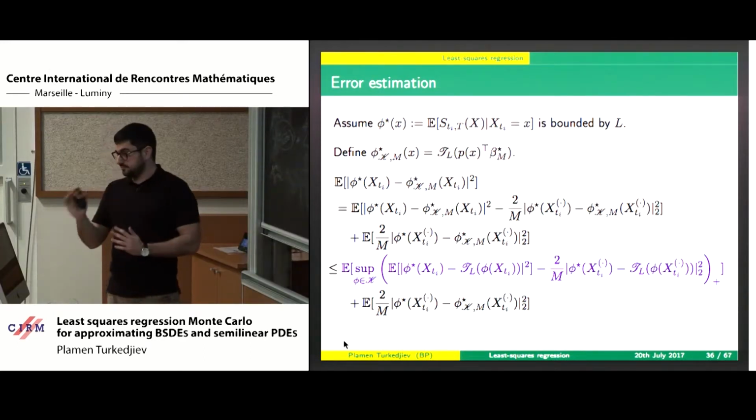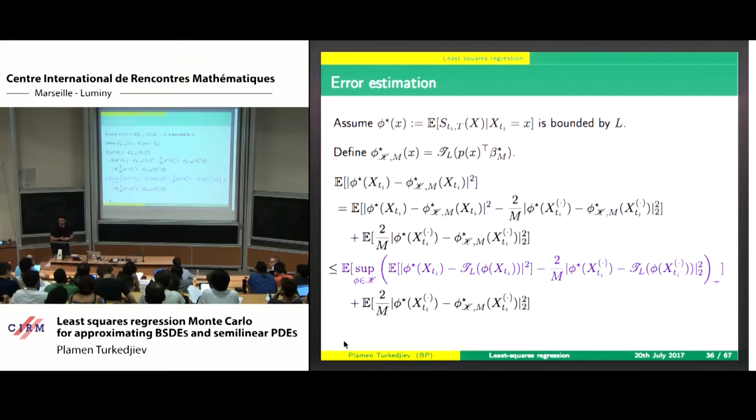So basically, now that we can actually compute our approximation for the optimal function phi, what we're interested in is the squared difference between the true value of phi star and the one that we've calculated.